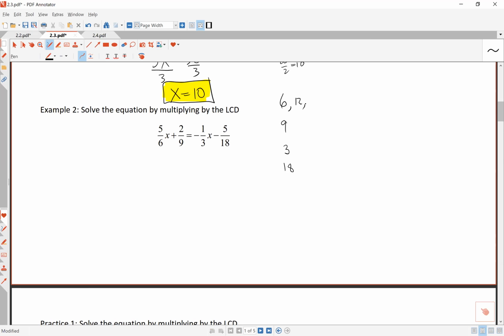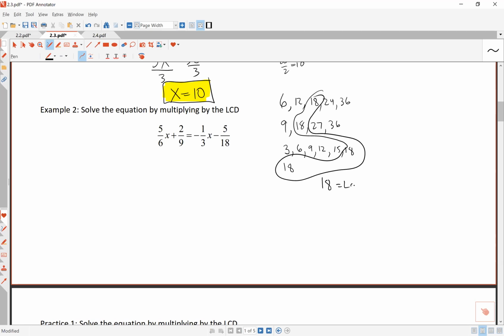Multiples of 6 are 6, 12, 18, 24, 36. 9 goes times 2 is 18, times 3 is 27, times 4 is 36. 3 goes 3, 6, 9, 12, 15, 18, and there it is. 18 is the LCD. So take that 18 and multiply it by each piece.